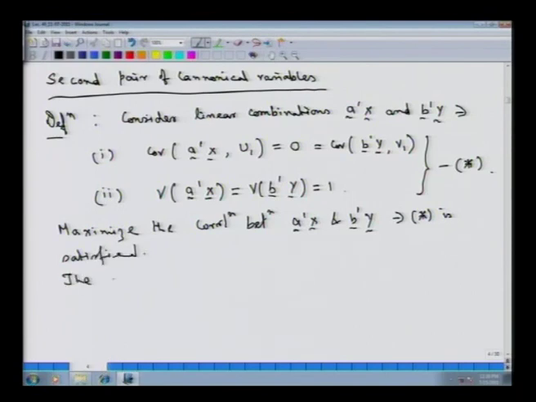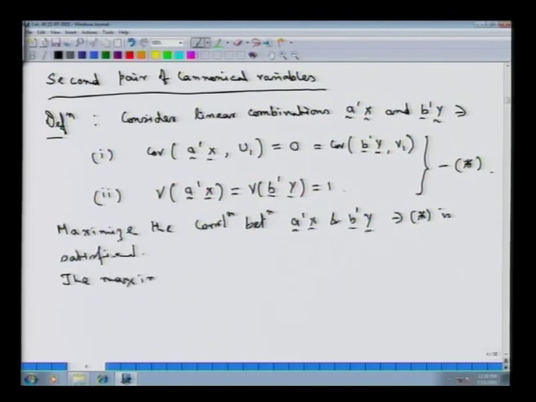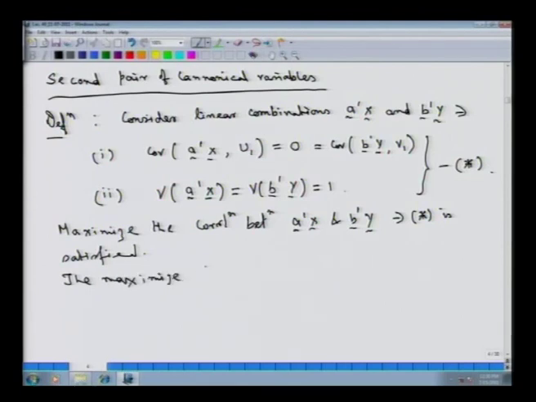The maximizing a2' x and b2' y, say, let me have this notation, are called the second pair of canonical variables.